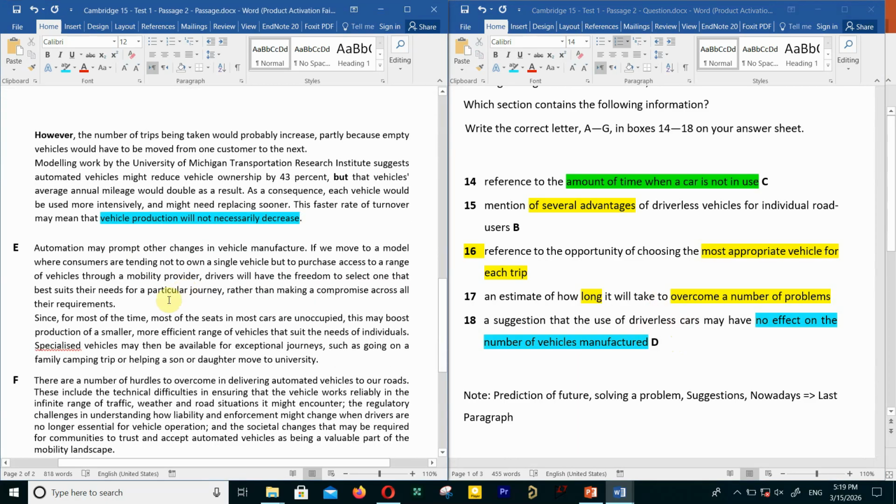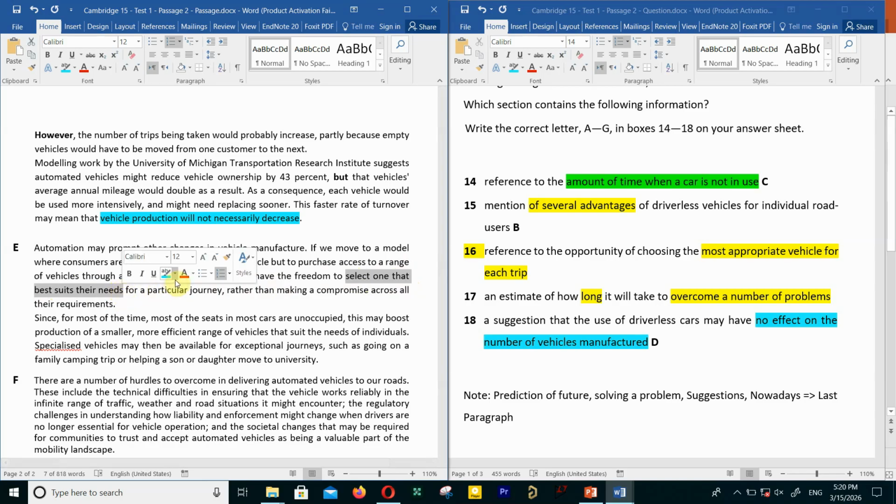Now paragraph E, automation, and we just have overcome a number of problems and most appropriate vehicle for each trip. Automation may prompt other changes in vehicle manufacture. If we move to a model where consumers tend not to own a single vehicle but to purchase access to a range of vehicles through a mobility provider, drivers will have the freedom to select one that best suits their needs.